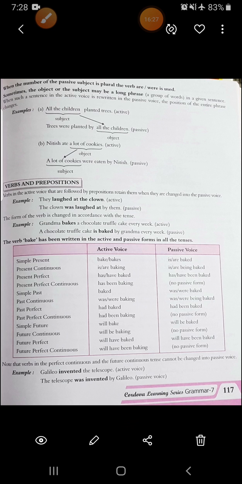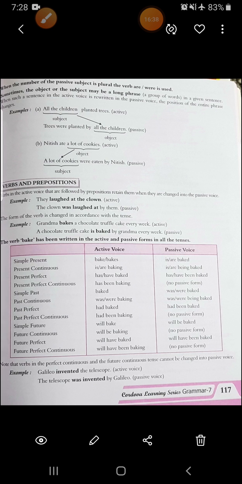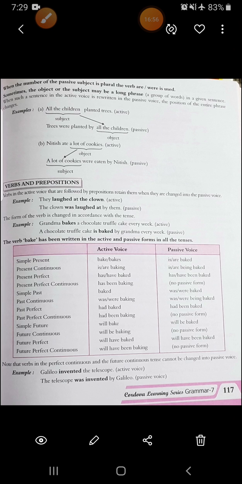Now see the third one, present perfect: has, have baked. You know how to find which tense it is in. If it has to be changed into passive voice, it is has, have been baked. One word is extra added. Then the perfect continuous tense of all the three tenses is not there, meaning they don't have any passive voice, so just leave it. See simple past, baked: it becomes was, were baked. Past continuous, was, were baking, and the passive voice of it will be was, were being baked.